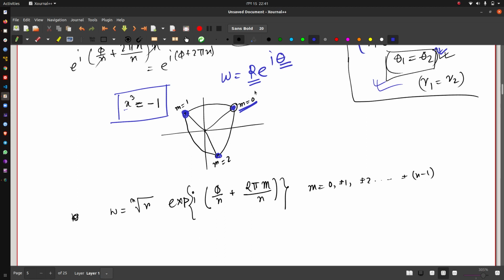If you put m equals 4, you will be over here. If you put m equals 5, you will be over here. So it's like going through the same points again and again. That's why there is a restriction that it should only go up to n minus 1. And this is how you can calculate roots of complex numbers as well.